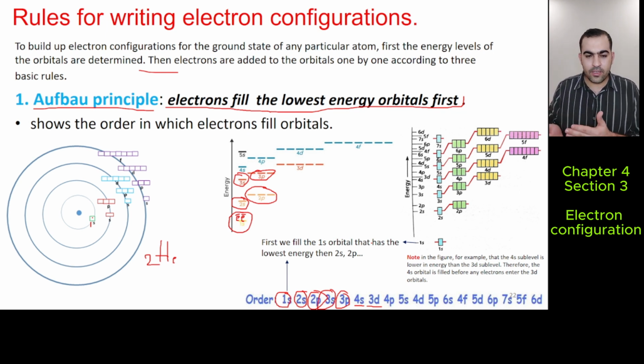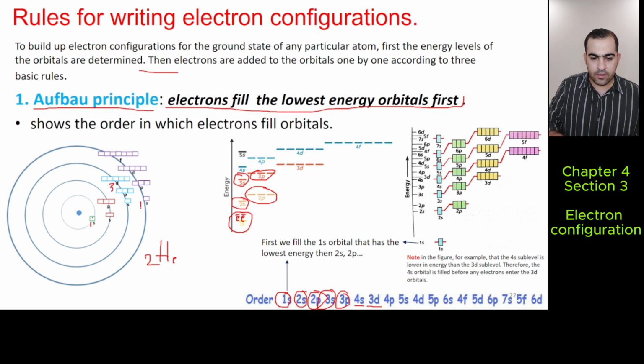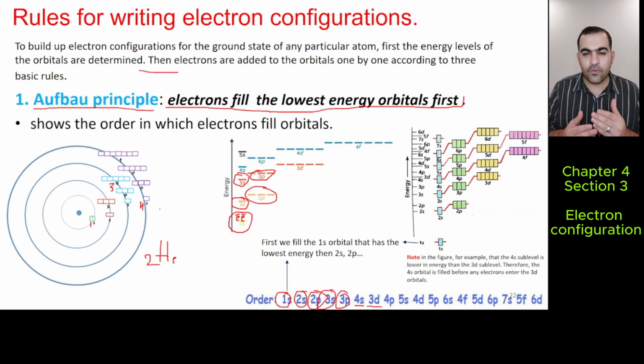And 3d is in the third energy level. Look at here. This is 3d, this is 4s. By the energy, 4s is lower than 3d. So first we fill 4s, then 3d.